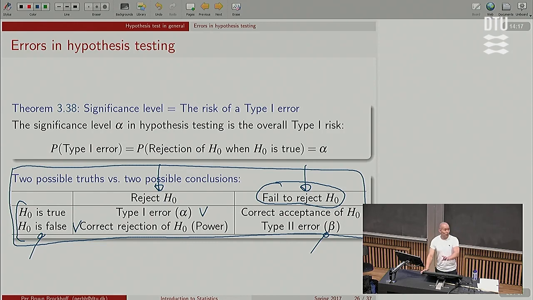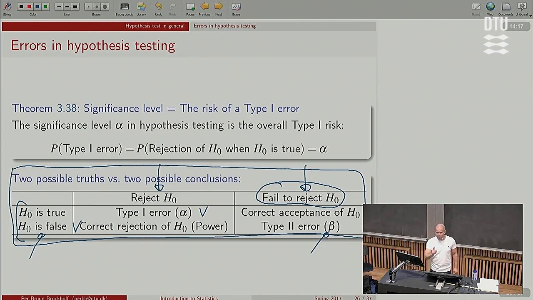Let me just sample 2 persons, and then I cannot prove the null wrong, so the null must be right, because I only measured 2 numbers, right? That's the risky part of it. This type 2 risk is pretty high for such small experiments. Small experiments have high type 2 risks.